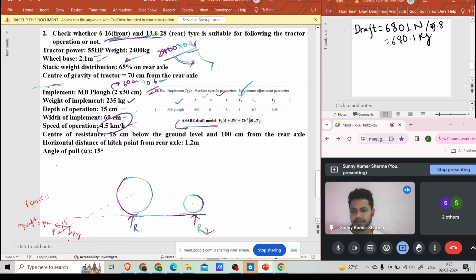P cos 15 is the draft we have obtained, 680 kg. So P cos 15 is 680.1 kg. If you divide it by cos 15, you will get the pull. You do this calculation, I am giving the time: 680.1 by cos 15.